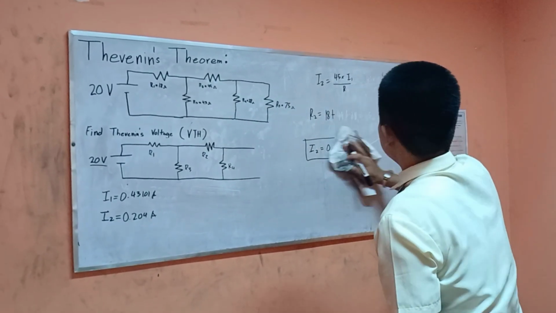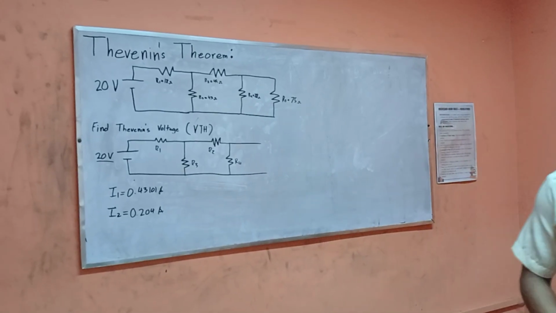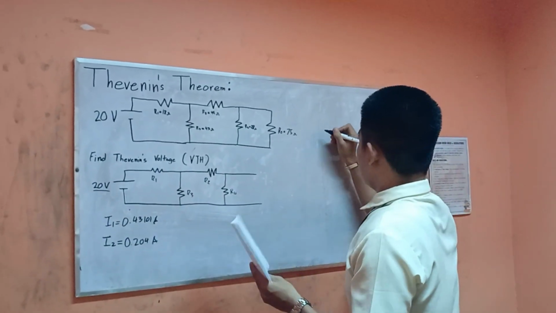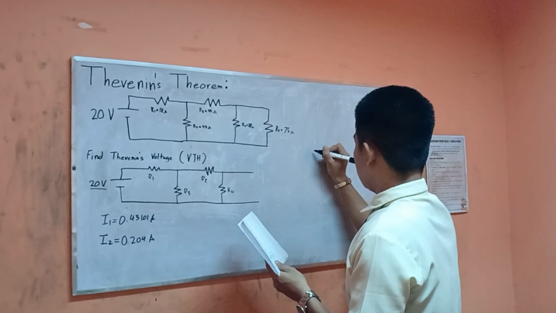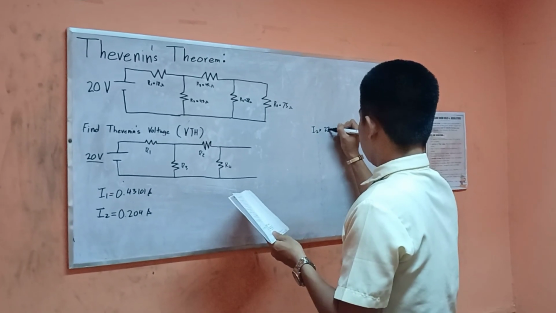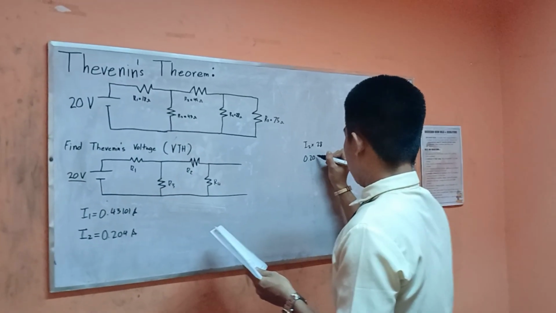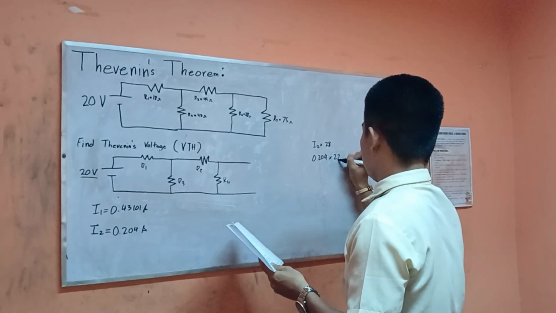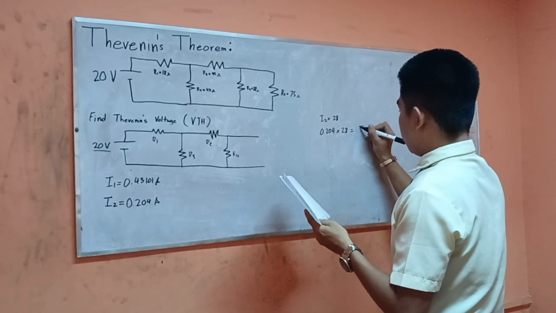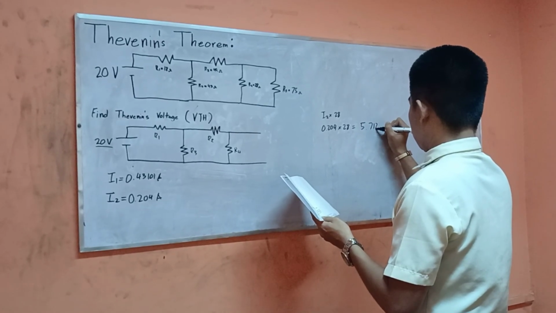Let's erase this again. To solve for Thevenin's voltage, the formula is loop 2, which is I2 times 28 ohms, which is 0.204 times 28 is equal to 5.718 volts.